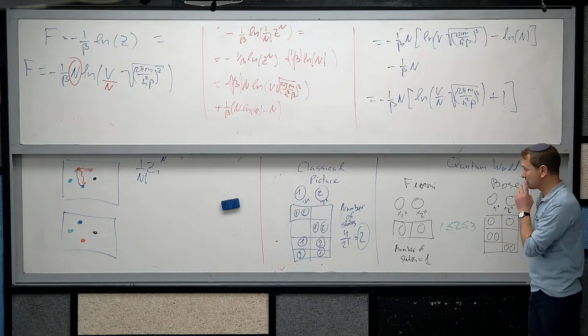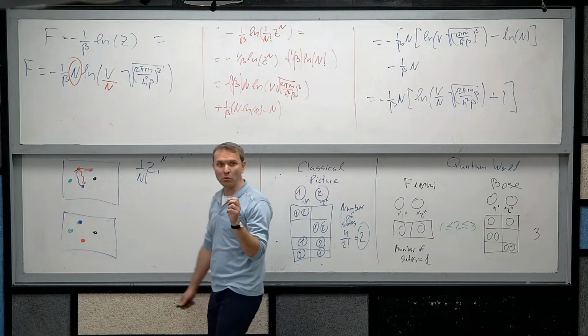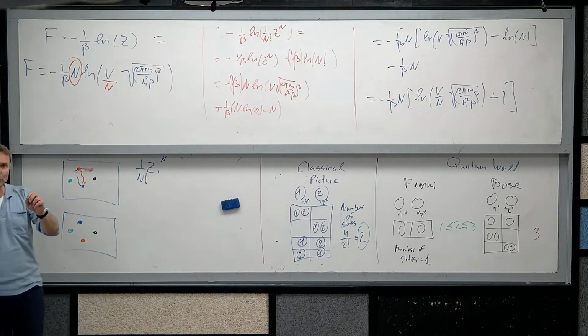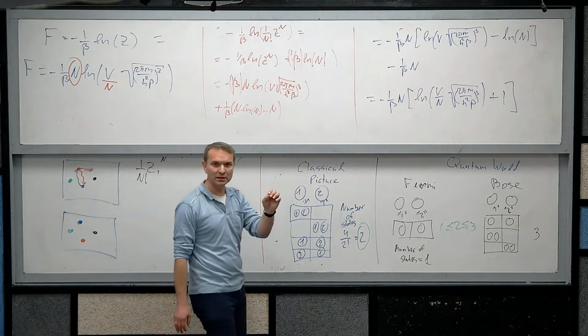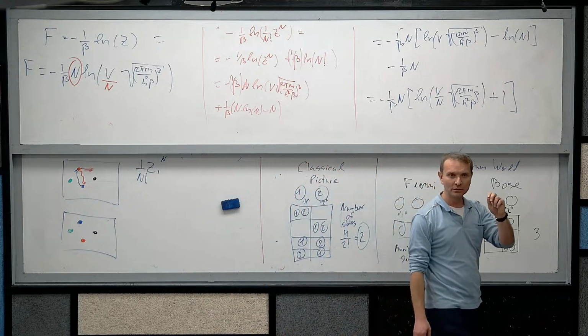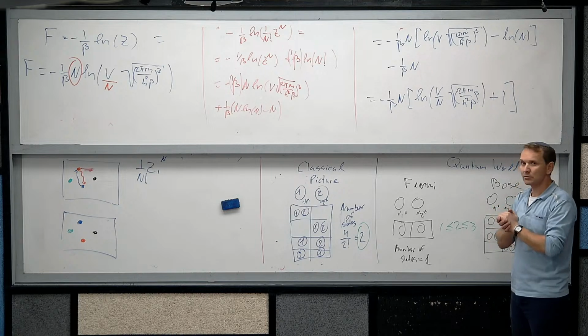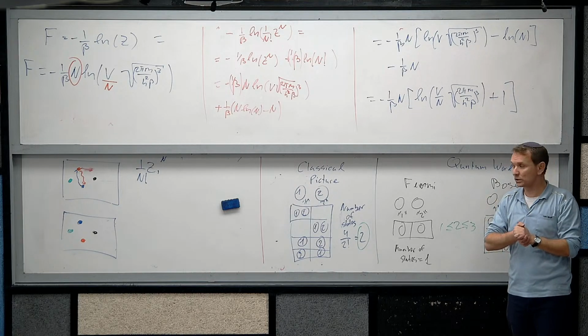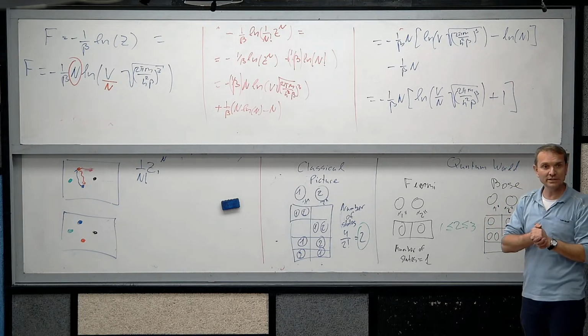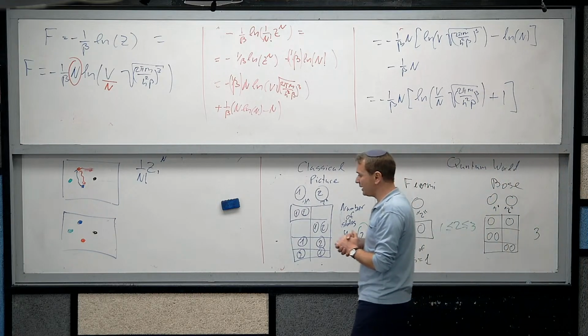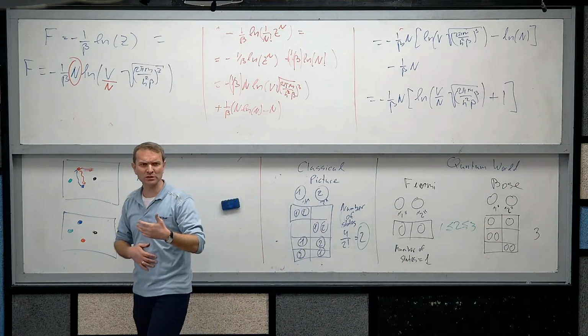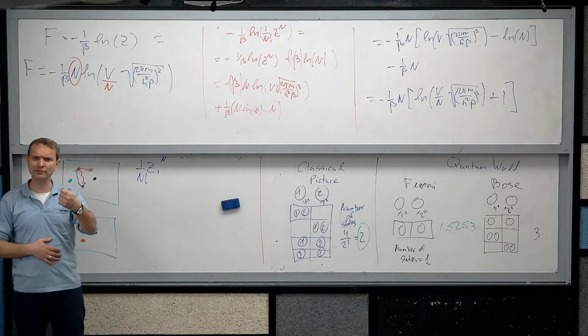Now, but it actually works. So you see, we can use classical statistics to describe physical matter, at least where classical statistics works. Why is that? It usually works for high enough temperatures.